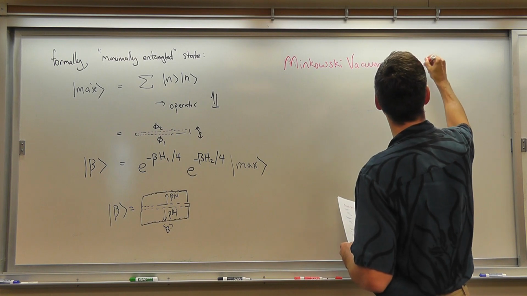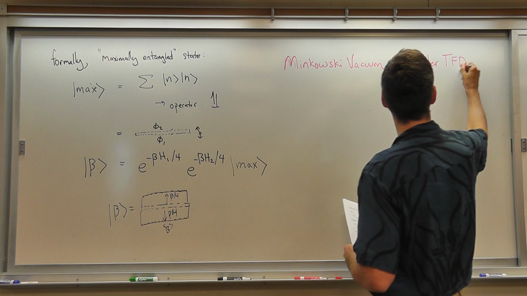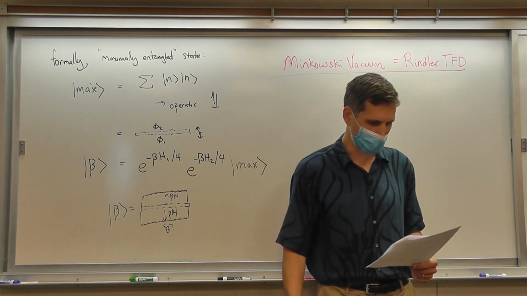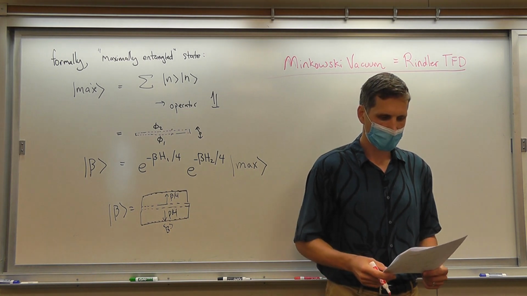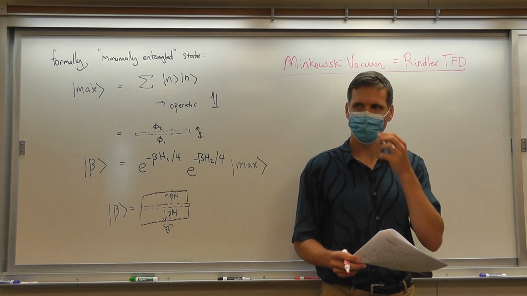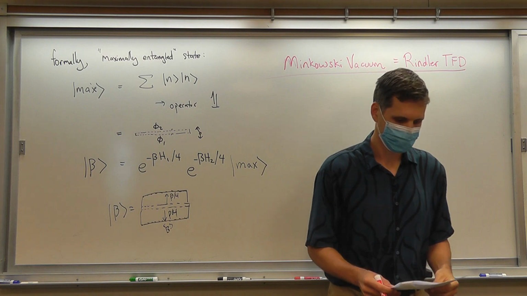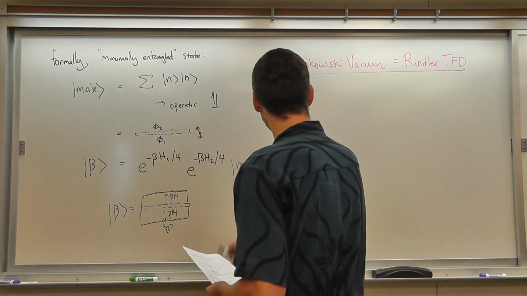Okay. Now going back to our discussion of Rindler space, I want to connect these, and I think many of you have anticipated where I'm headed with this. The statement is that the Minkowski vacuum is the Rindler thermofield double. Well, I already wrote it. Let's write an equation.